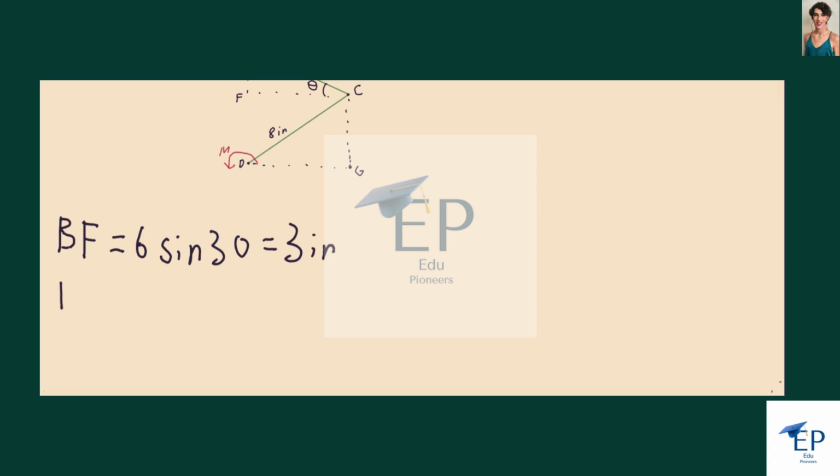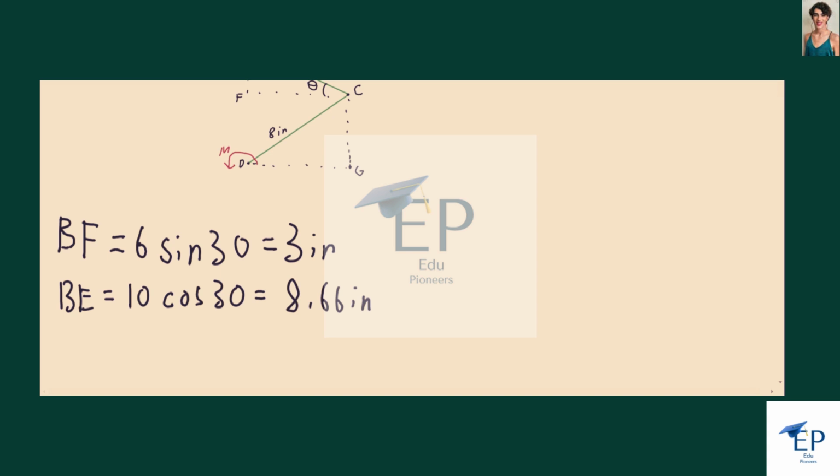For length BE, we can say 10 times the cosine of 30, and that's equal to 8.66 inches.